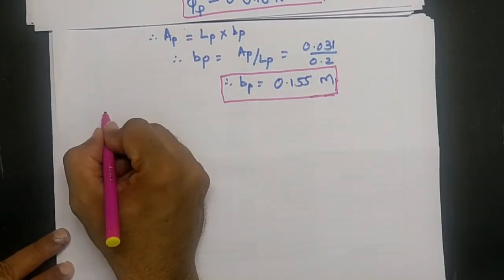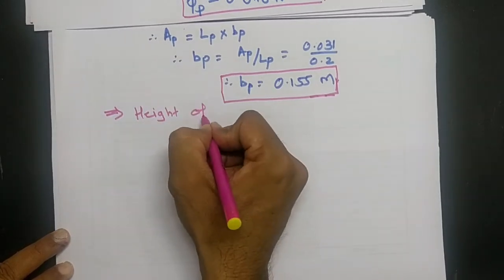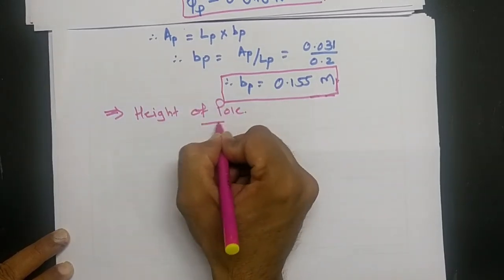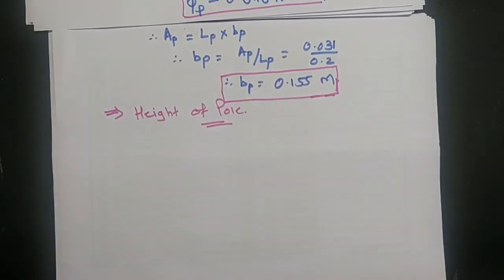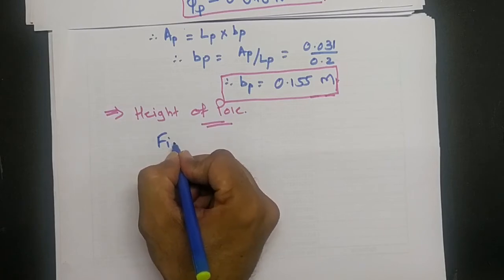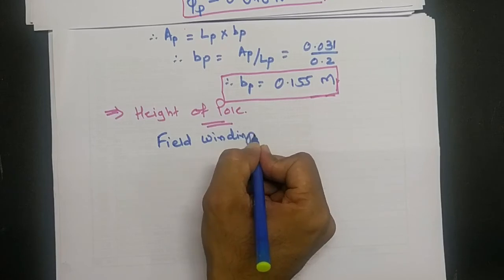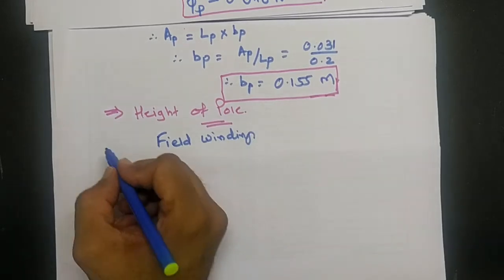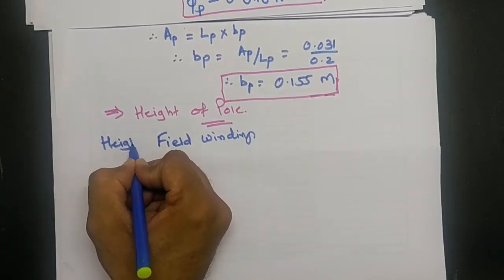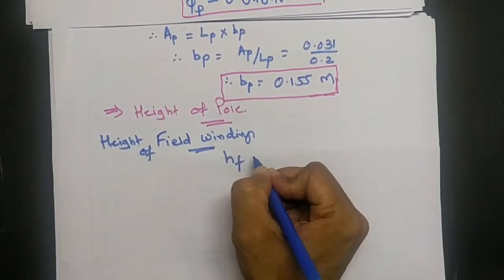So our next step is height of pole. Before we calculate height of the pole, we have to calculate the height of the field winding, because height of the pole depends on the height of field winding, that is HF.